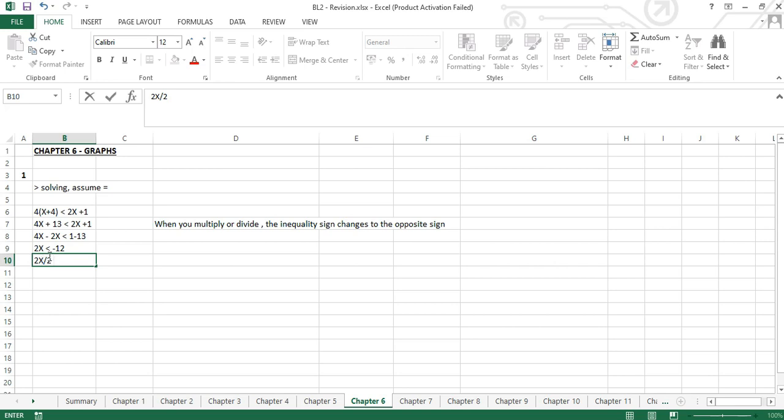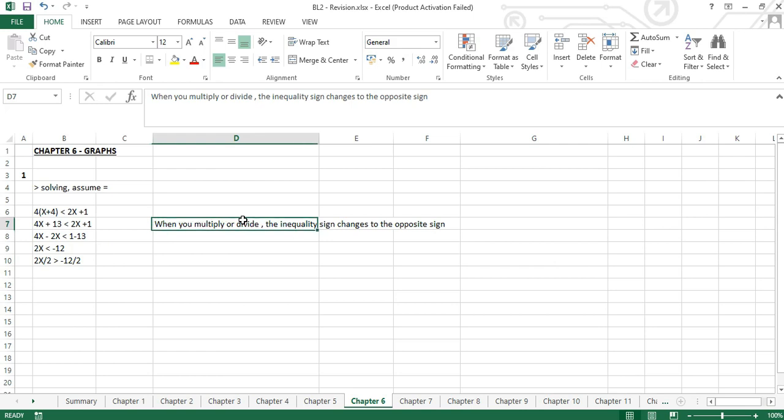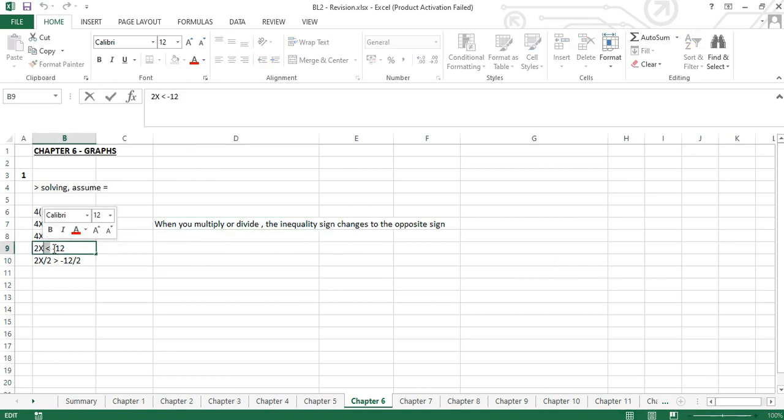Once you divide it, remember, this sign is facing this way. Now it should face the other way. This is the important part. And this side you divide. So this is where this rule applies. When you multiply or divide, the inequality sign changes to the opposite sign, which is this.